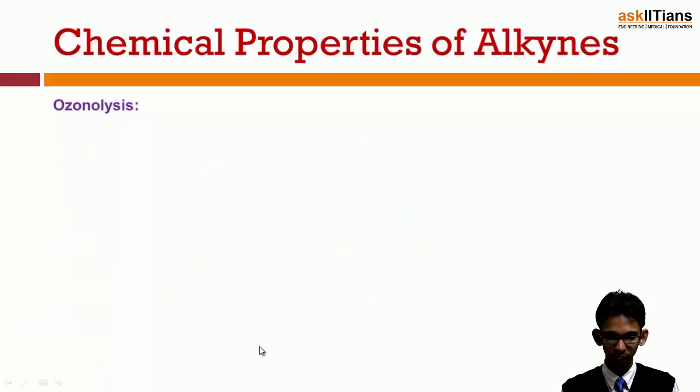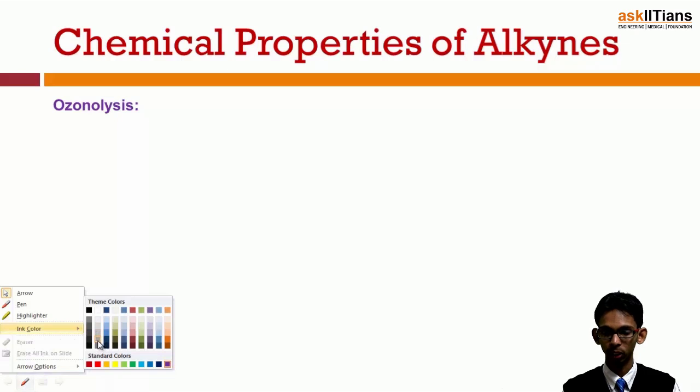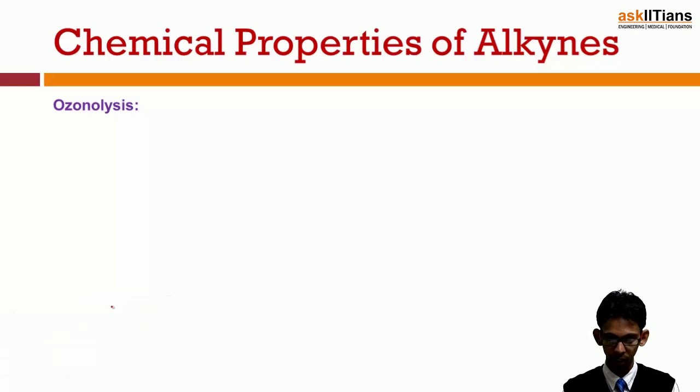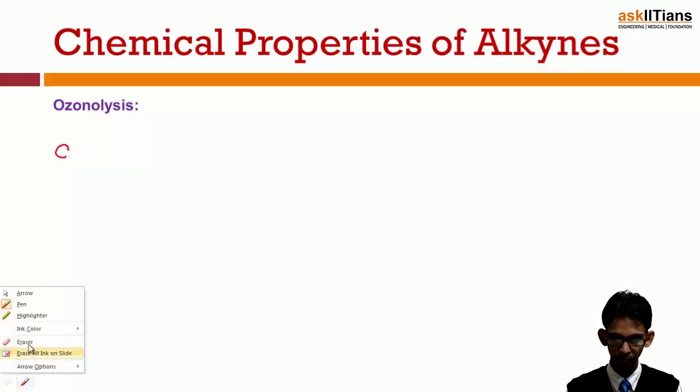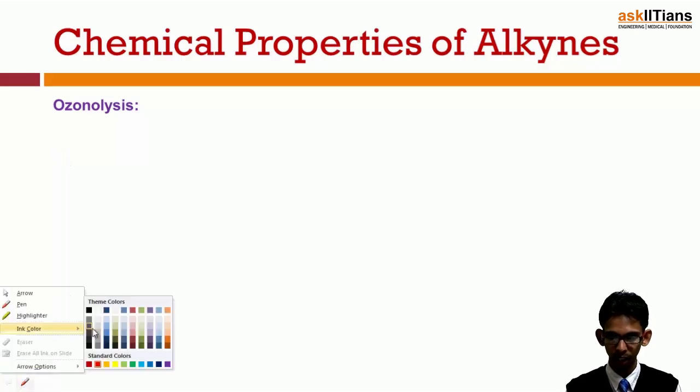Next is ozonolysis of alkynes. Alkynes like alkenes also undergo ozonolysis reaction, which is addition of ozone. Let's say we have a compound, let's try to write the general reaction for ozonolysis of alkynes.